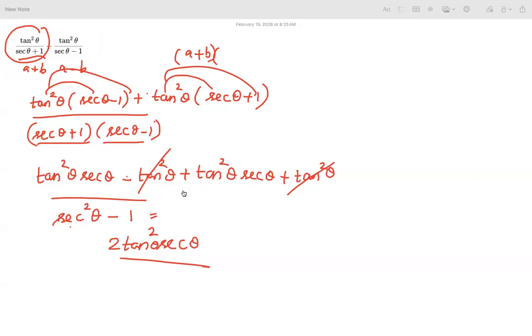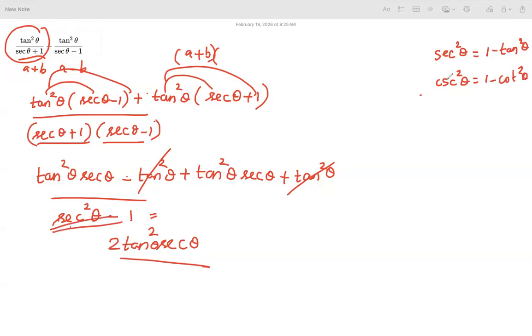Okay, let me write it out. See guys, you will have to memorize this, okay? It takes time though. Secant square theta is equal to 1 plus tan square theta, and cosecant square theta is equal to 1 plus cot square theta.